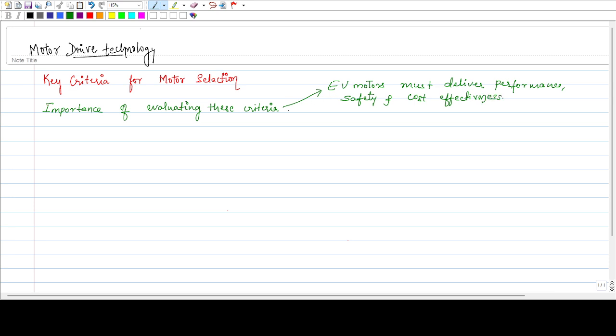This is one of the major reasons why we expect every EV motor to have better performance, be safer in operation, and also be cost effective.